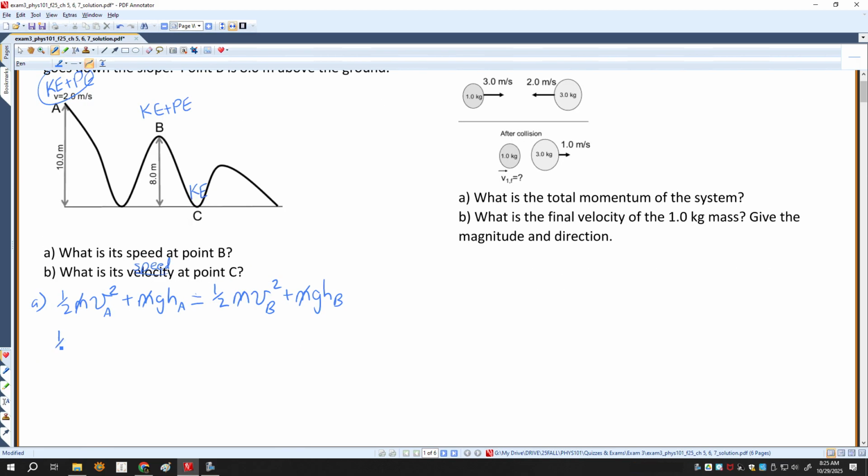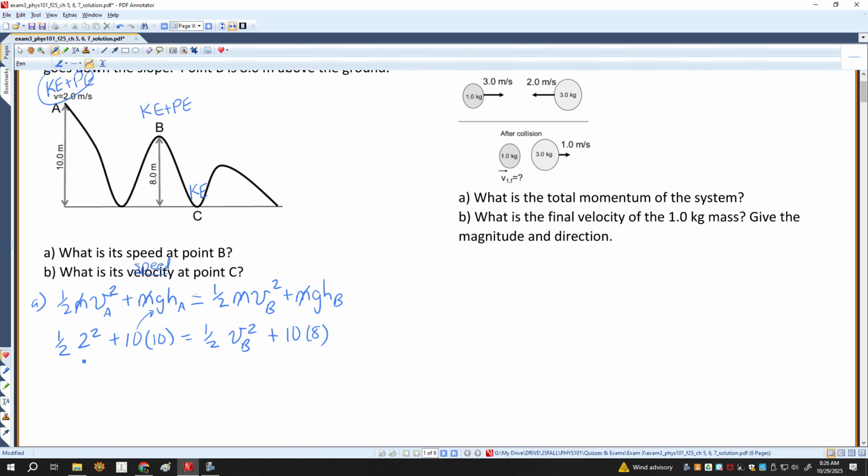So I have 1/2 of 2 squared plus 10 times 10. That's the g, 10 meters per second squared, equals 1/2 times VB squared, that's what I want to know, plus 10 times 8.